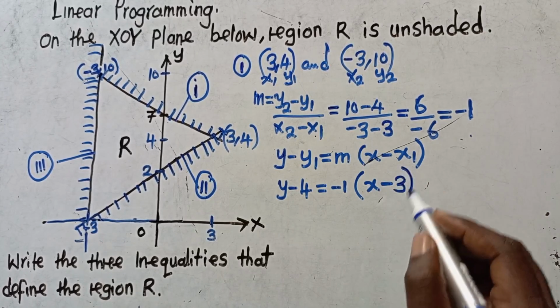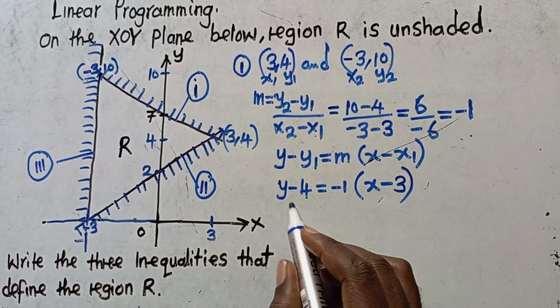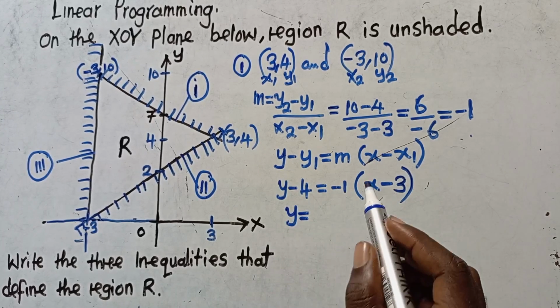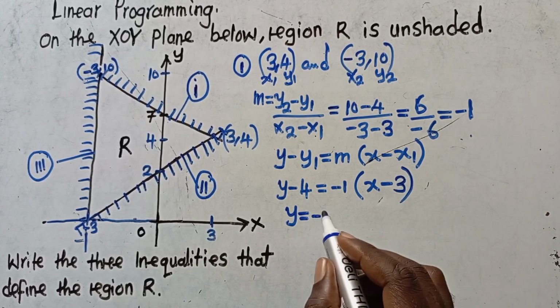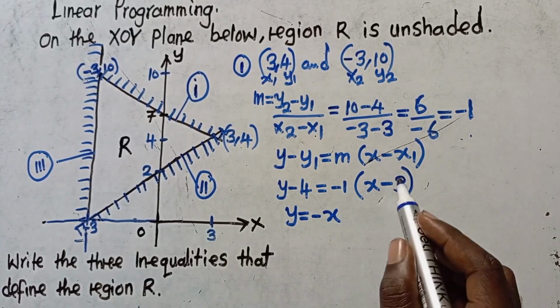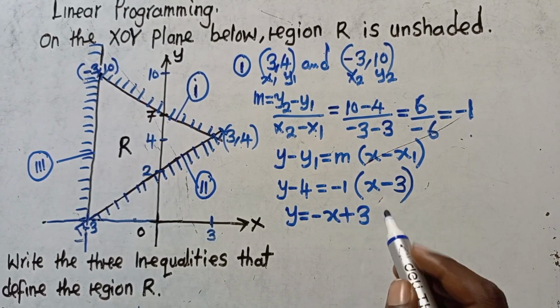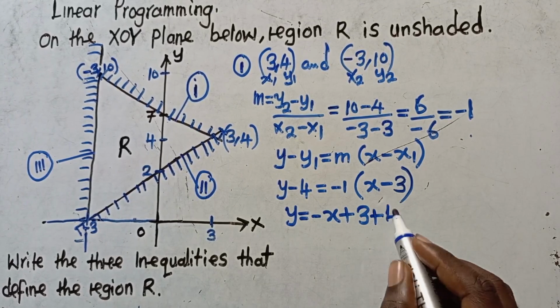I do this. So I now work out: y is equal to, this 4 goes aside. -1 times x is -x. -1 times -3 is positive 3. This one comes inside, it becomes plus 4.